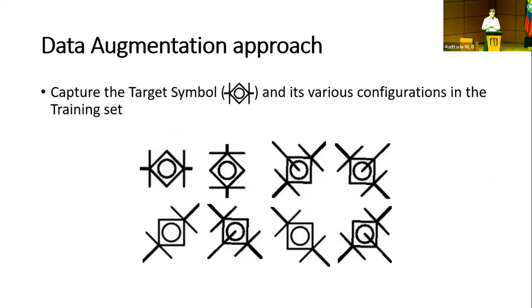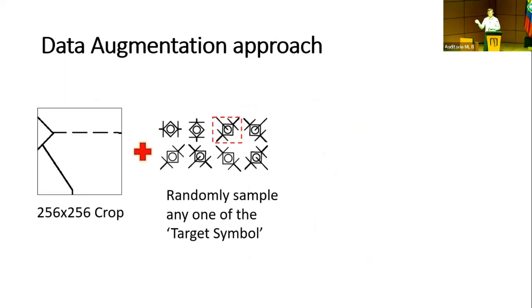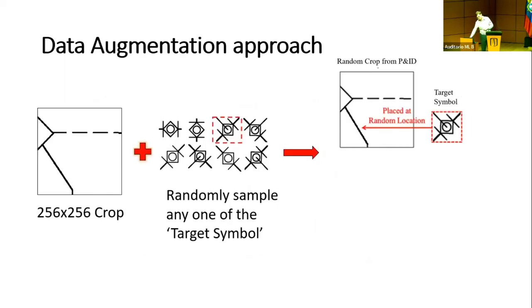Then we combed through our 2 sheets and we identified all of the instances of our target valve and all its variants. And so now we had our crops. We had our target symbol variants. We took a crop, we selected one of the variants, and then we copied and pasted those valves into the crop.